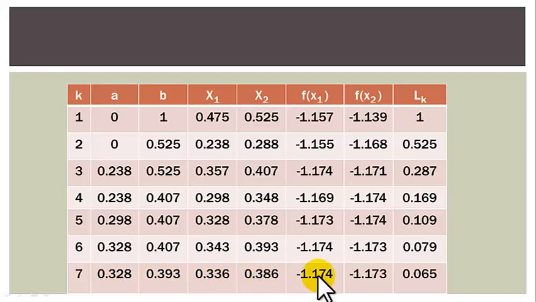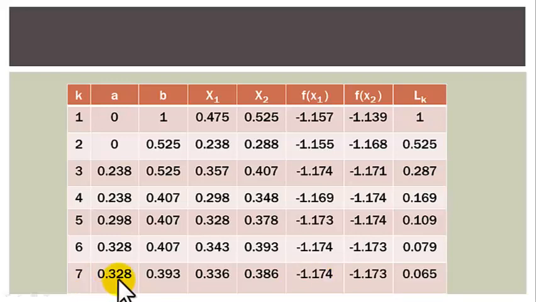Then we obtain f of x1 to be minus 1.174, and f of x2 is minus 1.173. The length of interval is 0.065. This figure is less than this, so our next interval of uncertainty will be from a to x2.